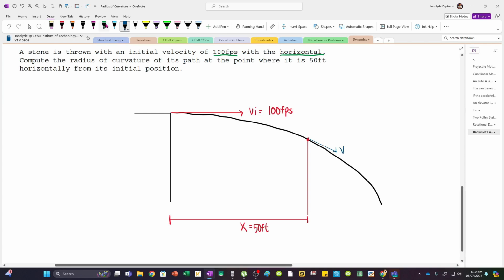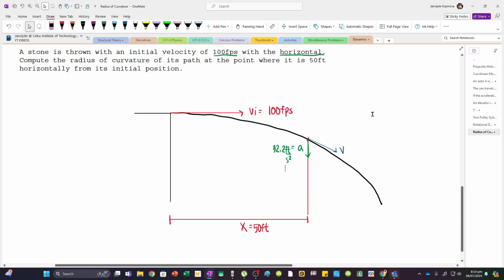And then our acceleration is, we don't have an acceleration along x, only along y, and then it's acting downward. So downward, and then this is the acceleration, which is just equal to the gravitational constant. Now, since we are using English units, then this is 32.2 feet per second squared.